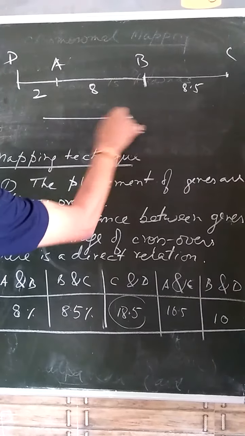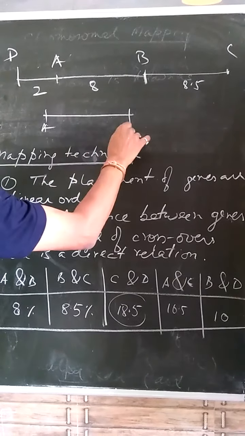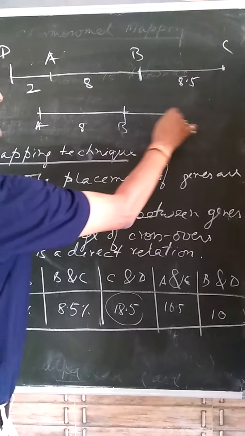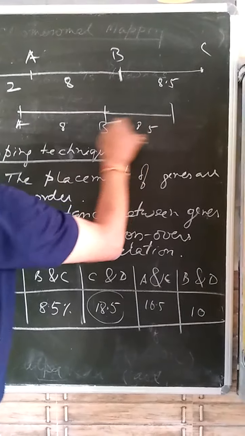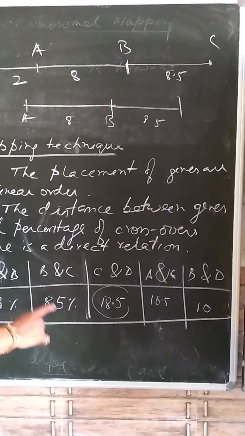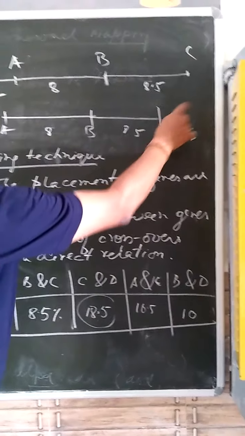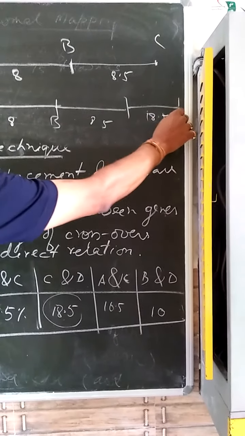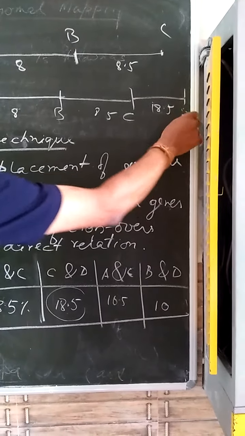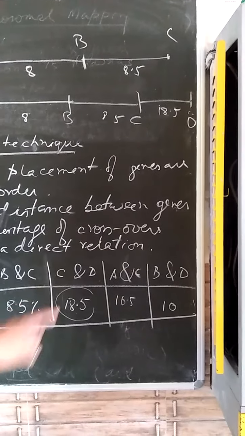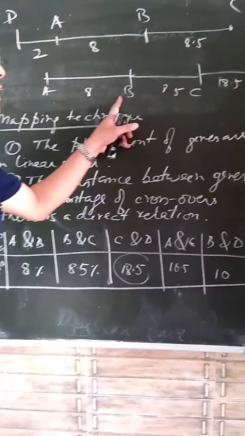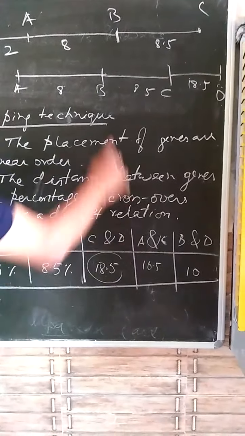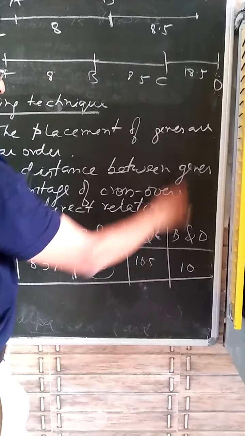But if we had placed A and B here, 8, and B and C here, 8.5, and then put C and D with D at 18.5, then the A and D distance would not map, or the B and D distance would not, because B and D is 10 units, so B and D would become 26.5.